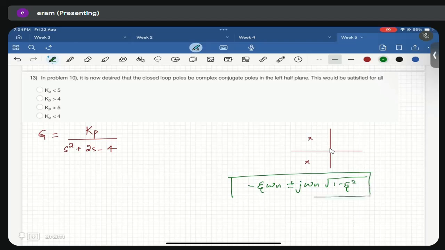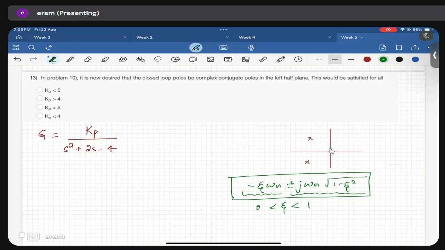So the roots are in the LHP because this is negative and it is also complex. So for this problem we have to ensure that zeta lies between 0 and 1. We need the system to follow the characteristic of an underdamped system.